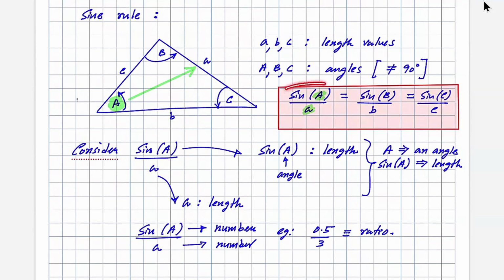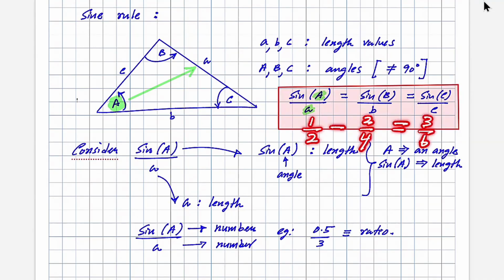Now you will understand sin A divided by a is a ratio. This one, another ratio. This one, another ratio. If you understood this to the right depth, sin A divided by a can be 1 divided by 2, sin B divided by b can be 2 divided by 4, sin C divided by c can be 3 divided by 6.